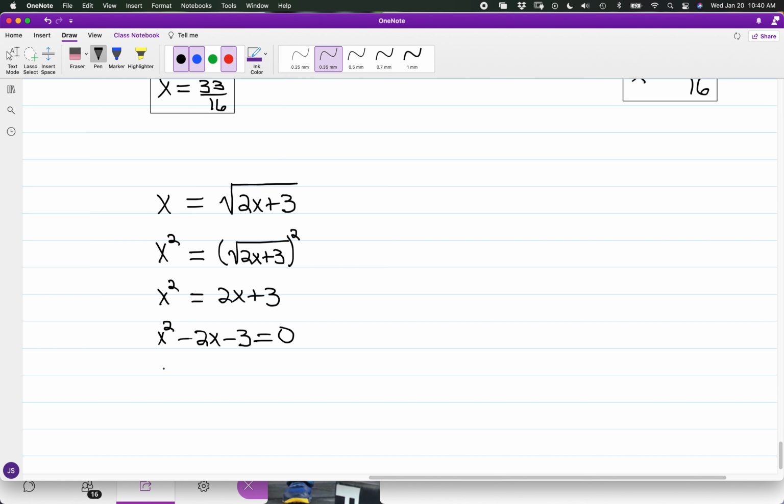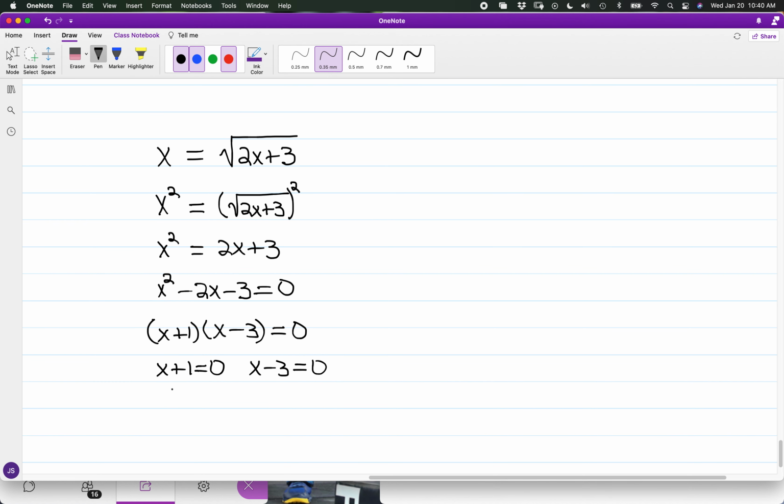Upon factoring, we have the quantity x plus 1 times the quantity x minus 3 is equal to 0. And upon applying the zero product property, if I set each of the factors to 0, we have apparent solutions of -1 and +3.